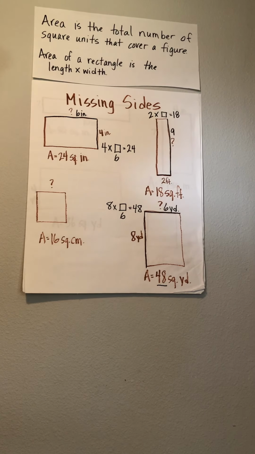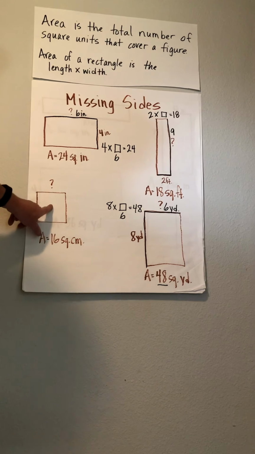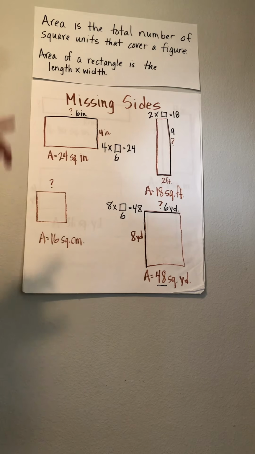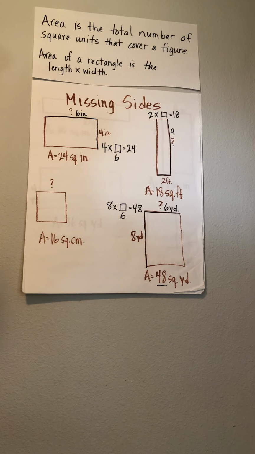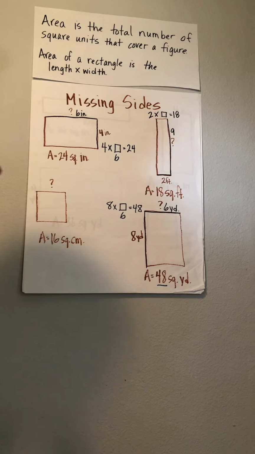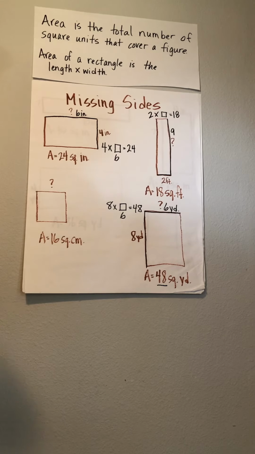All right, now, our last shape. It's a square. They have not told us any of the side lengths, but because it's a square, I know that I have to multiply the same number twice.